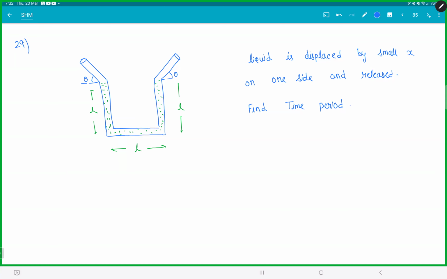How do we do this? Let's see. So what is the catch here?